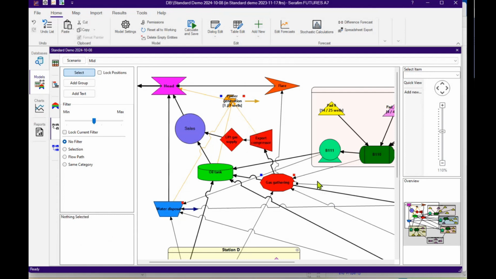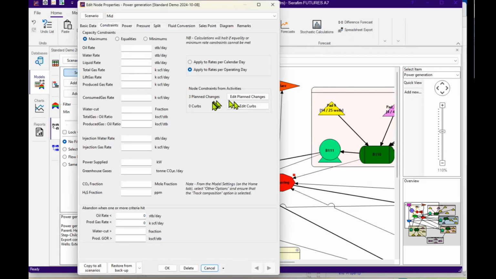We've defined power consumption at various pumps and compressors. We've got flare, and we've got a power generation node. And at this power generation node, we're going to specify the greenhouse gas emissions.